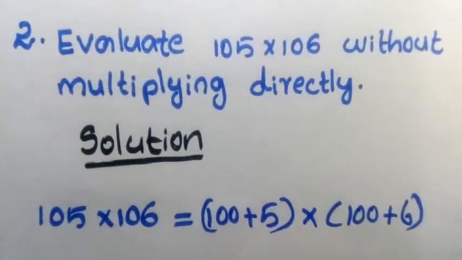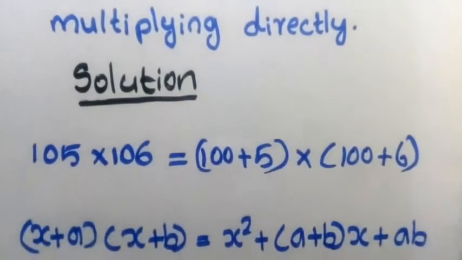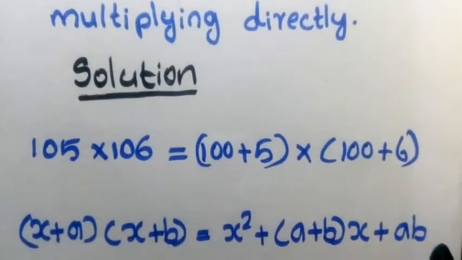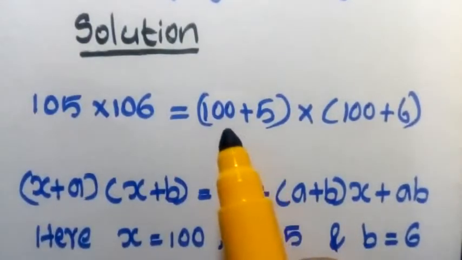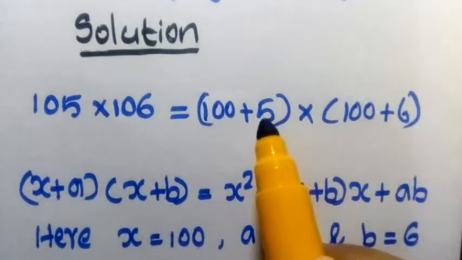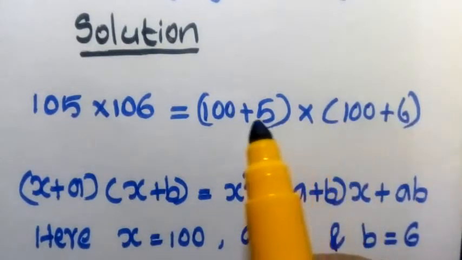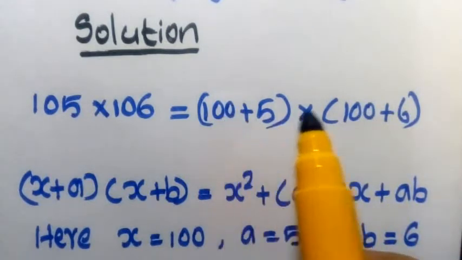Now we can use identity 4 here because 100 is available in both the terms and constant terms are different. We know that (x + a)(x + b) is equal to x² + (a + b)x + ab. Here a is equal to 5, b is equal to 6 and x is equal to 100.